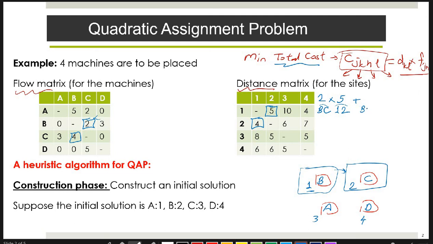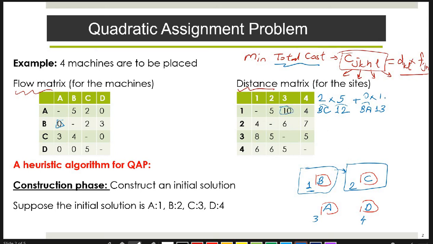I am calculating the cost between B and A, where B is assigned to 1 and A is assigned to 3. The flow between B and A is 0, multiplied by the distance, which is 10. You don't need to consider it, it is already 0.